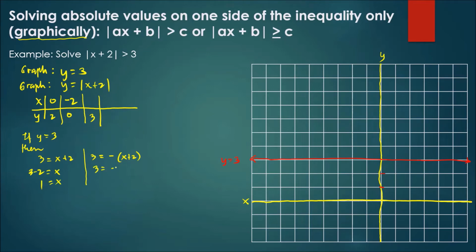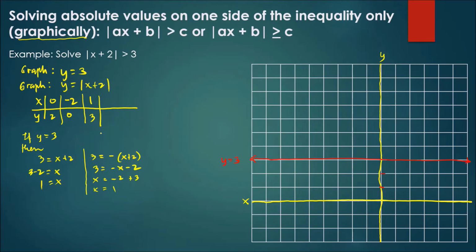Or this is 3 is equal to negative x minus 2, or x is equal to negative 2 plus 3, or that would be x is equal to 1. So you see they are the same, so we'll just have one point for that. So that is 1, 3.